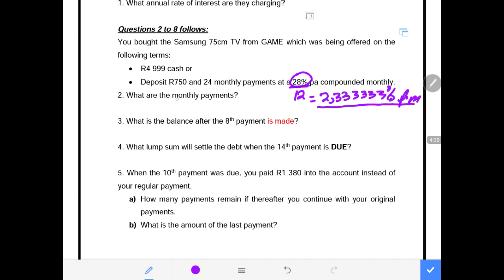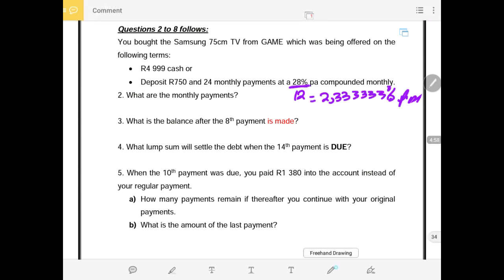Now we are required to calculate the monthly payments that this person will make. Then obviously, if we speak of the monthly payments, meaning the cash option is not taken, that means we are opting for the option of making a deposit of 750 and the rest of the balance being paid over a period of 24 months at 28% interest that is compounded monthly, meaning every month the interest will be added based on the balance that we have at the beginning of that given period.